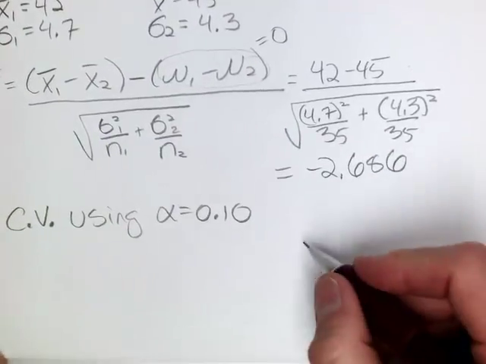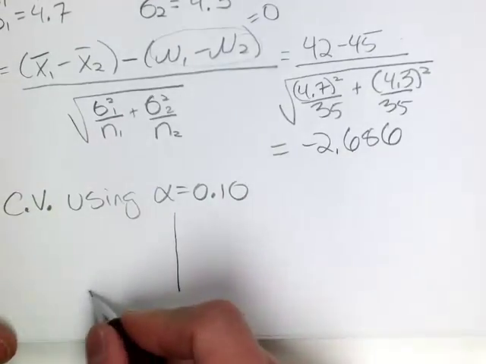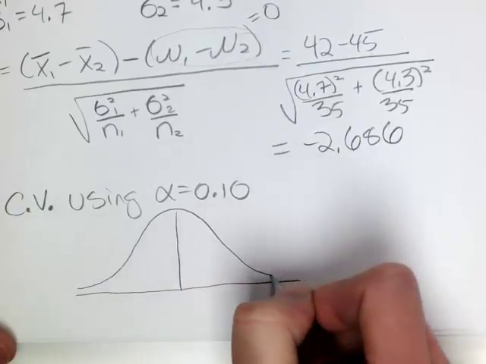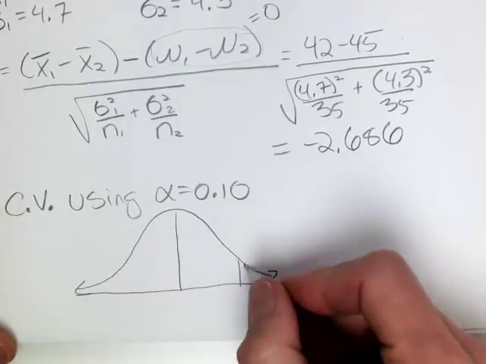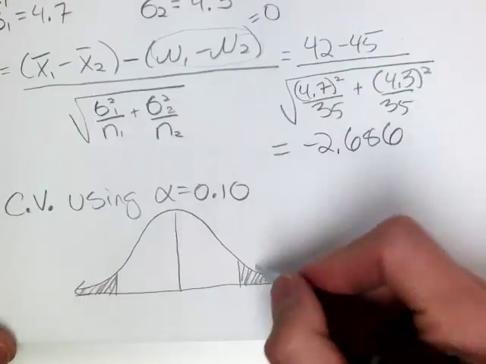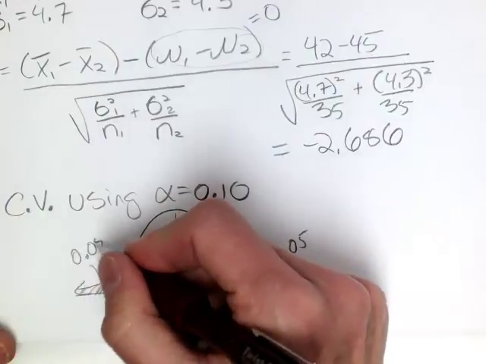Because it's a two-tailed test, I'm going to have two areas of rejection, so I want to divide alpha in half. I need to sketch the distribution and shade two areas of rejection with 0.05 amount of area in each tail.